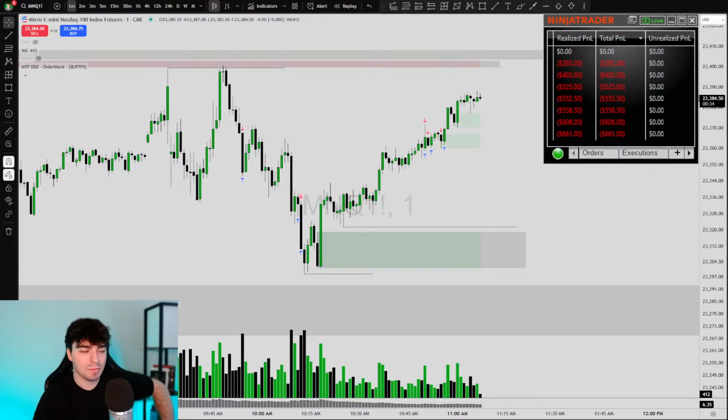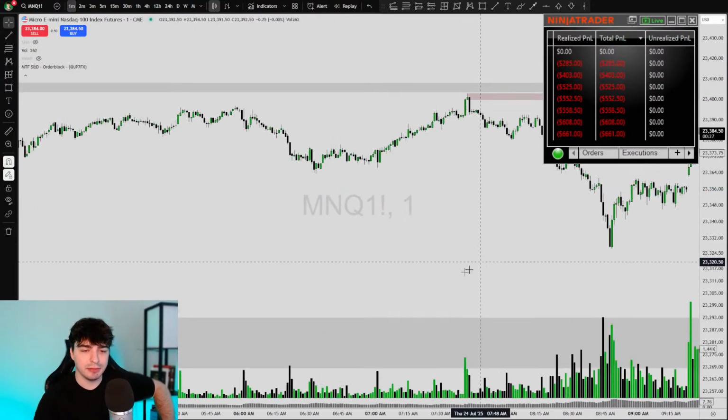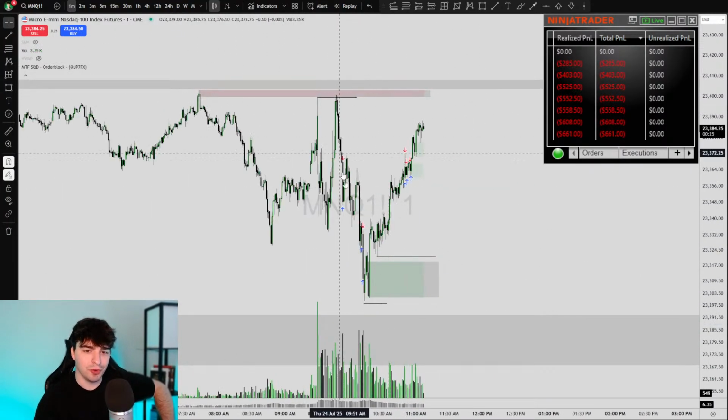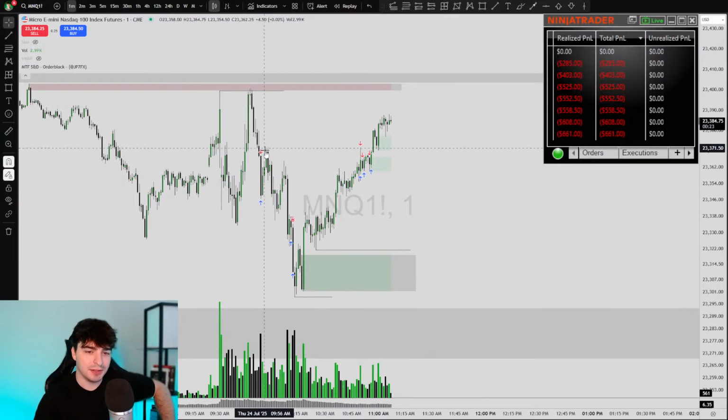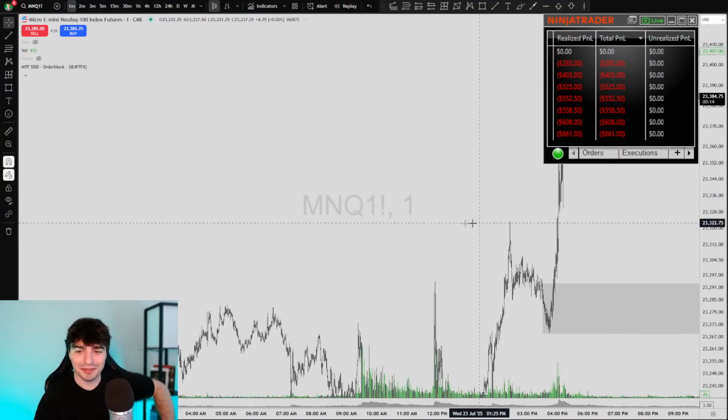This thing's probably going to have a massive dump just like yesterday. The market has literally been doing the same thing every day. Just destroys longs, tanks in the morning. You get a little bit of a pullback, and then you get a big random spike down, and then you kind of continue. That's what we've been doing every day this week.